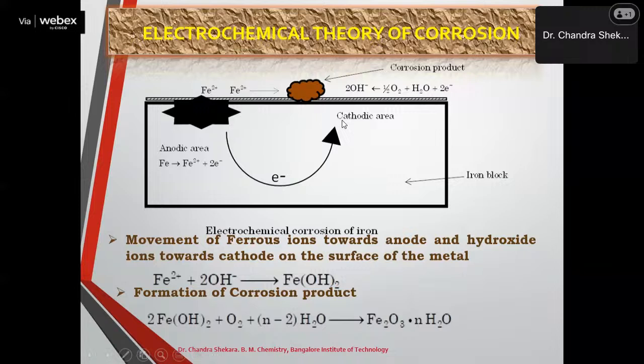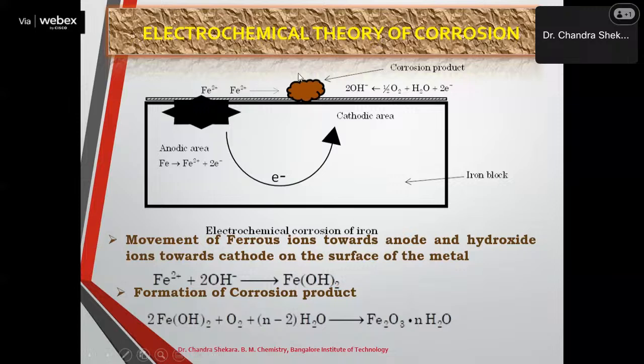Higher the difference in potential, higher will be the rate of corrosion. Another point to observe here is that the metal undergoes oxidation at the anodic area, and this oxidation of the metal itself is corrosion. Therefore, the metal is actually undergoing corrosion at the anodic area, where Fe is oxidized to Fe2+.